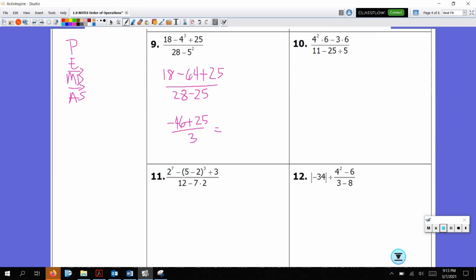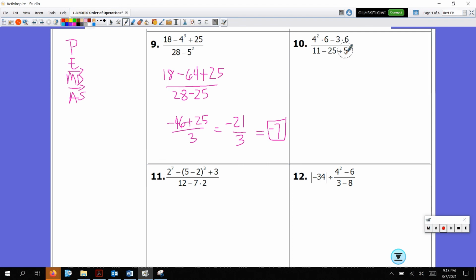Keep reducing. Negative 46 plus 25 gives us negative 21 over 3, which is negative 7. Okay, so just take it step by step. When you see it in this form, treat the numerator and the denominator like a separate expression, and then reduce it as much as you can.